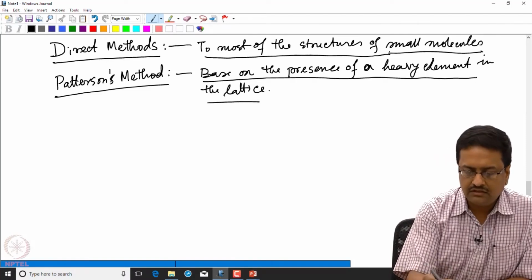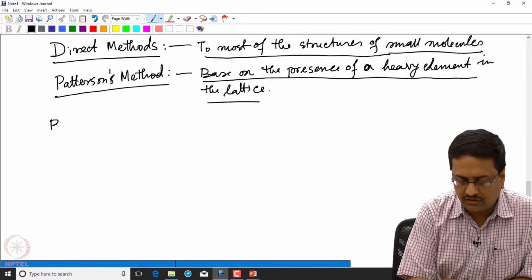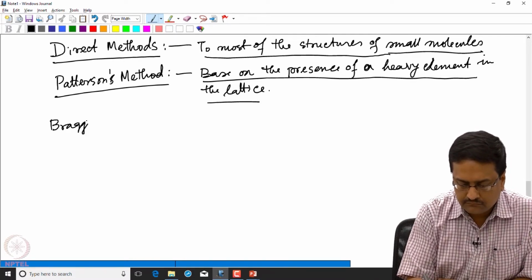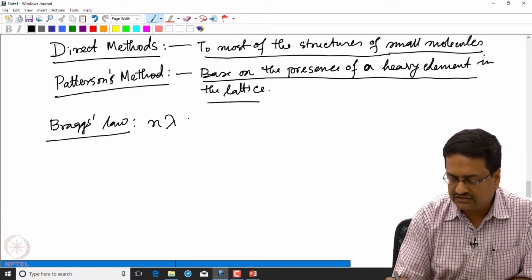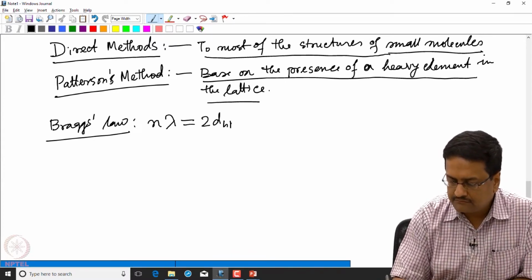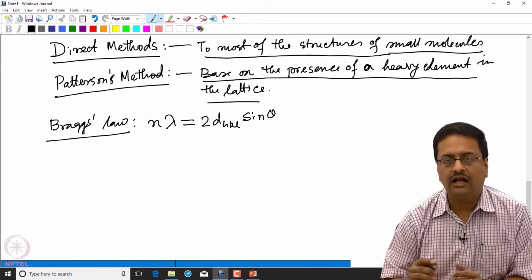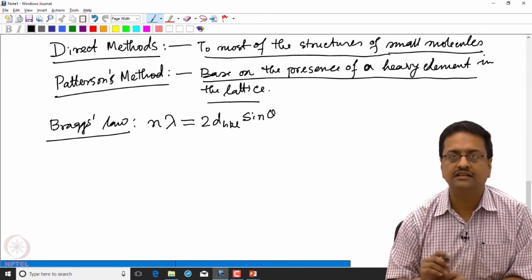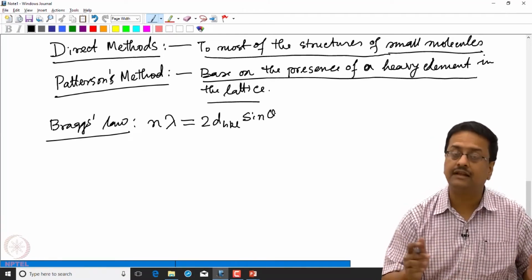So what do we know about X-ray diffraction? From Bragg's law, we know that constructive interference happens when the diffracted beam has a path difference equal to an integral multiple of the wavelength.